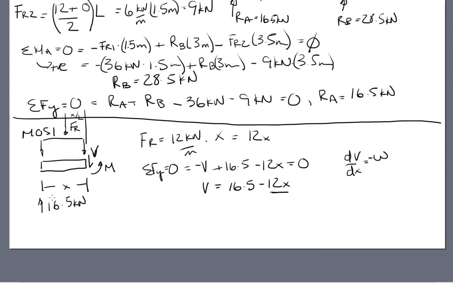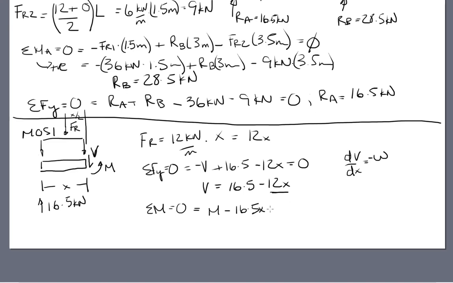We're running out of space here, so we're going to go to sigma M, so that's this M right here, equals 0. If you think about it, we've got our M plus, that's our internal moment. We've got negative 16.5x, right?